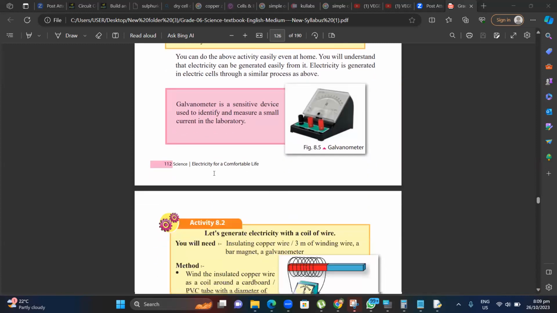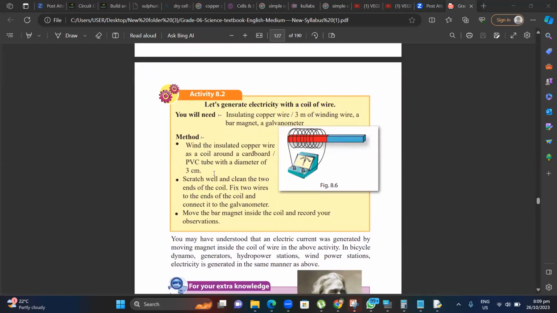Okay, the next thing is, here you can see how electricity is generated using a coil and a magnet. So this is also an important part.